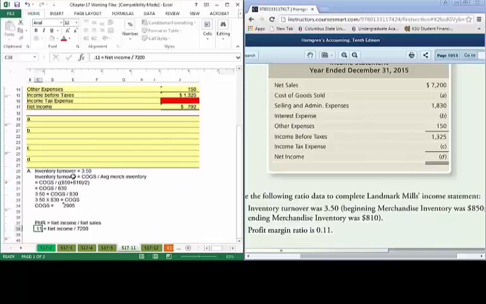Okay, so I'm going to take 0.11 times 7,200, and that's going to equal my net income. So net income is going to be equal to $792.